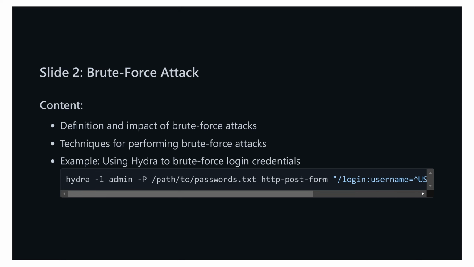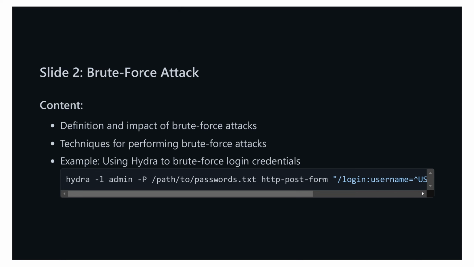For example, using Hydra, you can execute a brute force attack on a web application login form with the following command: hydra -l admin -P path/to/passwords.txt http-post-form "/login:username=^USER^&password=^PASS^". In this command, -l admin specifies the username to test, -P path/to/passwords.txt points to a text file containing a list of possible passwords, and http-post-form indicates that the attack will target an HTTP POST form.